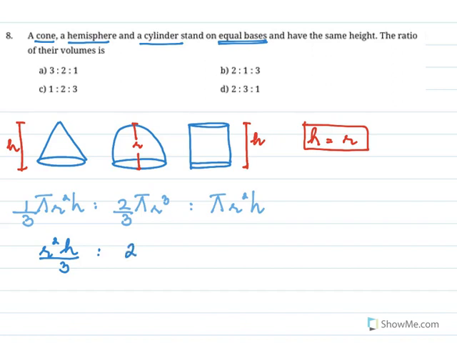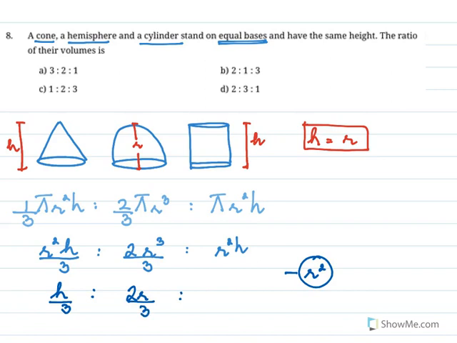Here we have 2 pi, we've taken pi common out, r square, 1 r, so 2 r cube over 3. Here we've taken pi common out again, and we get r square h. Now in the next step we will take r square common out. So what remains here is h by 3, r square common out, so 2r by 3, r square common out, so h.